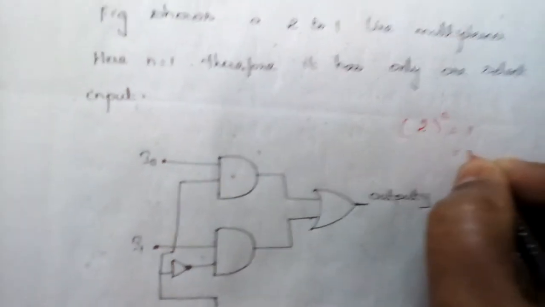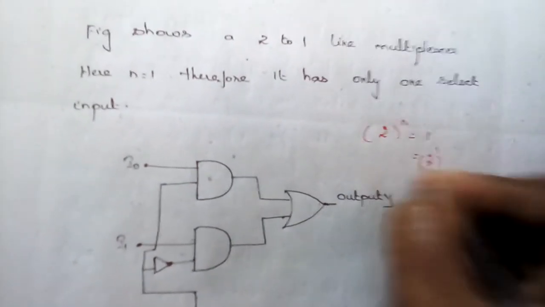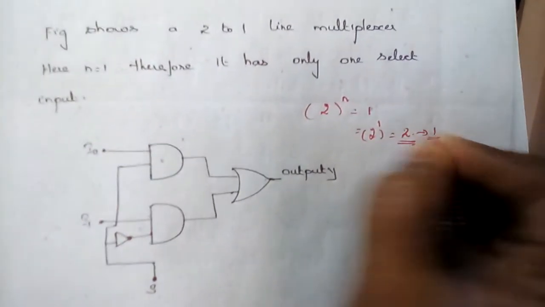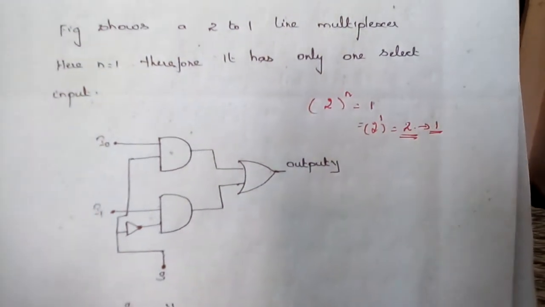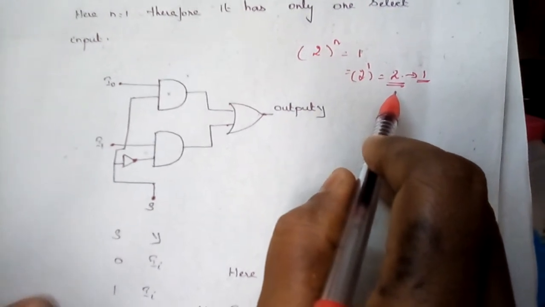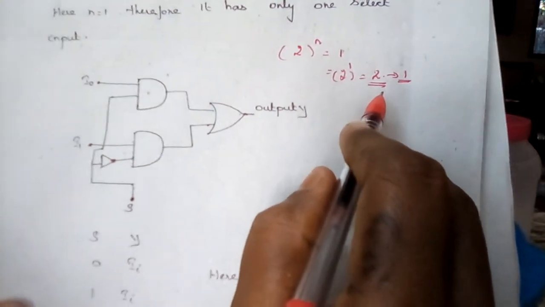If n is 1, we have 2 power 1, so the multiplexer is said to be a 2 to 1 multiplexer. Here the data selector is 1, so we substitute n as 1, and the size is decided as 2 to 1 multiplexer.